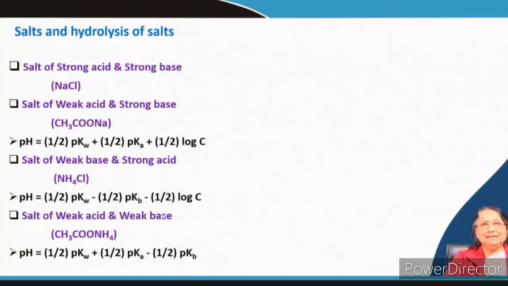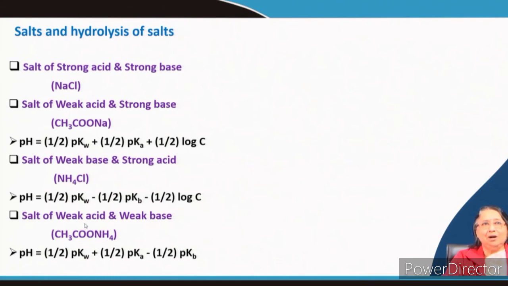And for the salt of weak acid and weak base, one example is ammonium acetate, where pH is half pKw plus half pKa minus half pKb. Here both are weak acid and weak base, so both the terms pKa and pKb are coming here.